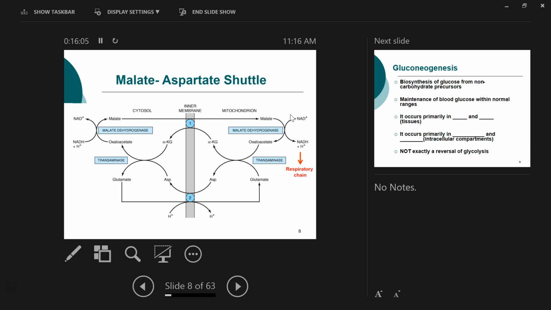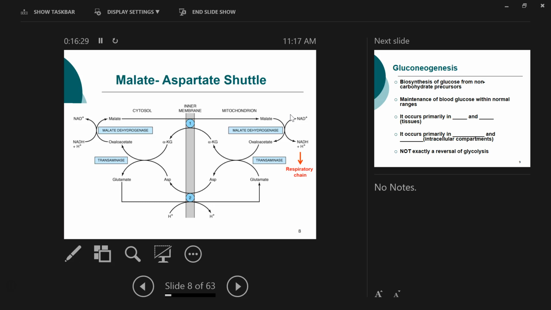So again, it depends, and these shuttle systems are not always present in the same cells. Some types of cells may predominantly have the malate-aspartate shuttle and not much glycerol 3-phosphate, and other types of cells have the glycerol 3-phosphate shuttle as the predominant system, right?